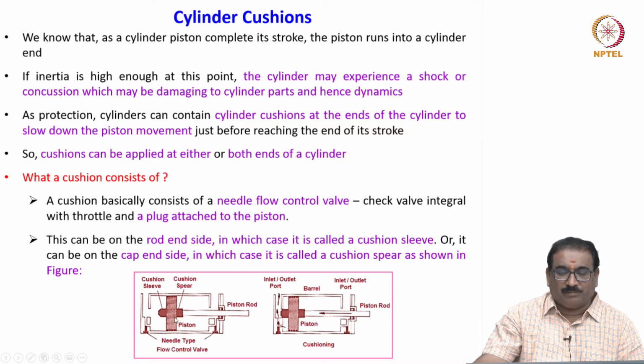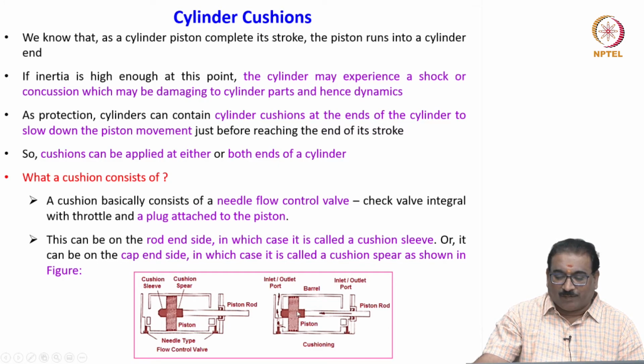This is the piston, correct? Piston inside the barrel and inlet outlet ports here. Here this side it is known as a cushioning sleeve. This is a cushion sleeve and this one is the cushion spear. How it will work, I will explain to you in the next slide.